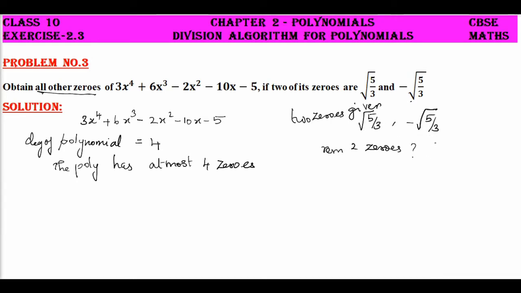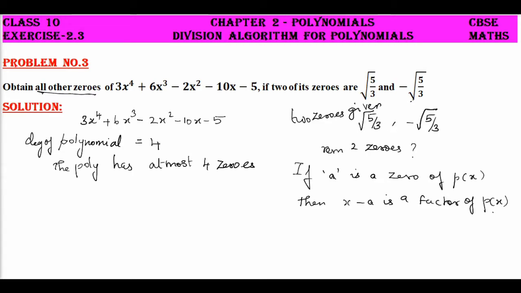remaining zeros. Okay. Now let's consider the fact that suppose A is a zero of P of x, then we can say x minus A is a factor of P of x.